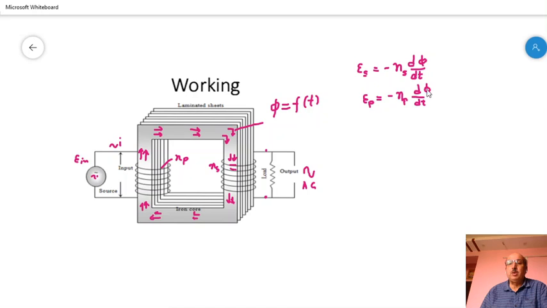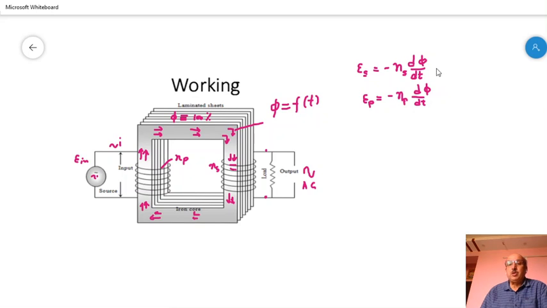What we are assuming here is that the flux linkage is 100% through the laminated sheets. It means there is no power loss in between them.